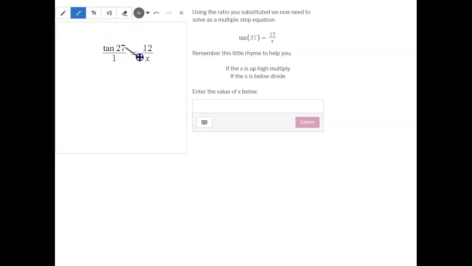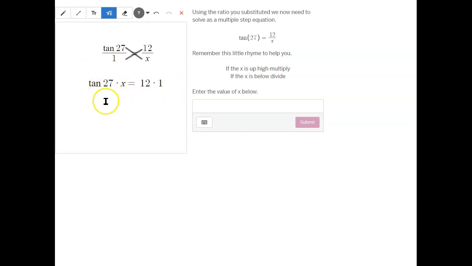Now I'm going to cross multiply so that I get tan 27 times x is equal to 12 times 1. 12 times 1 is 12, and tan 27 times x is tan 27x.